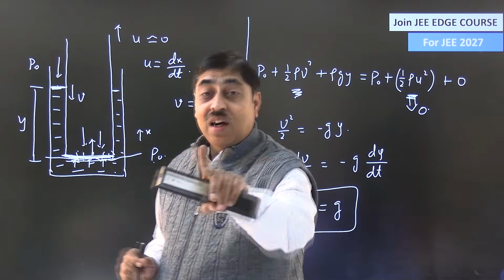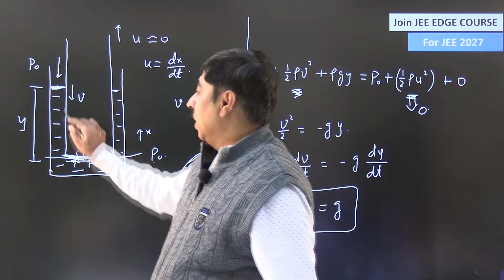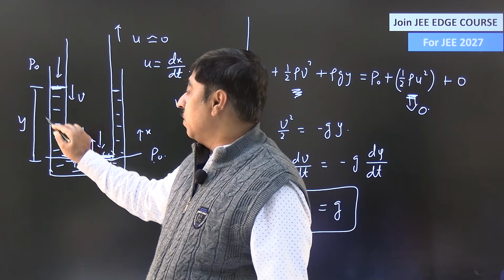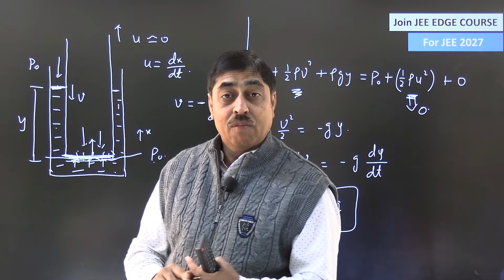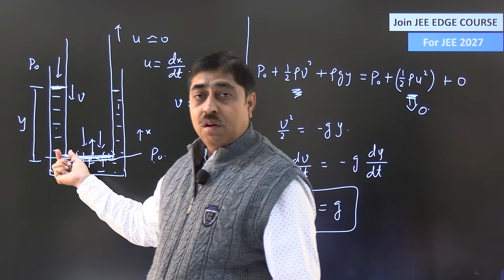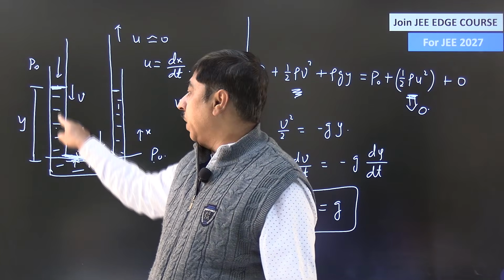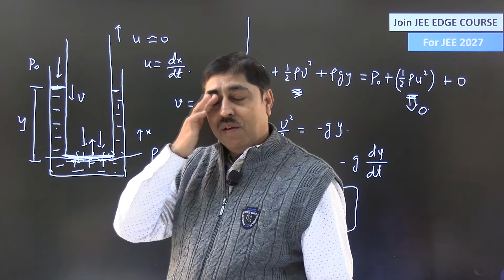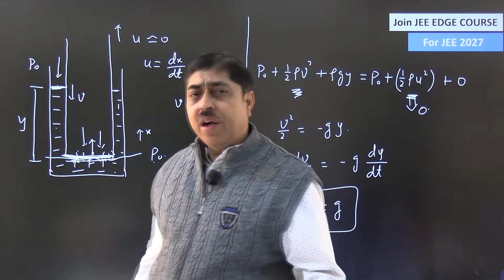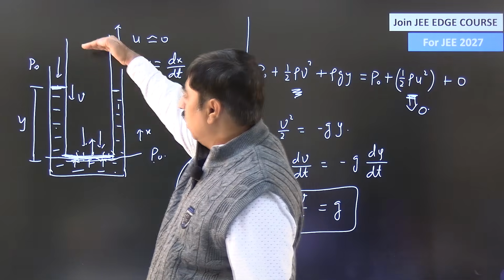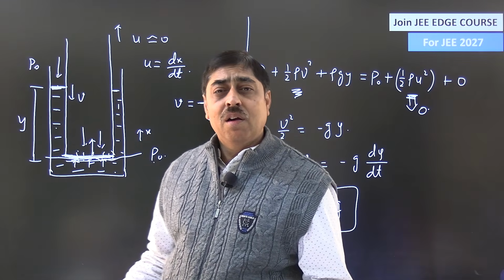Yes, I forgot to tell you one more thing. If speed here is v, here also it is v, here also it is v, and here also it is v. There is a narrow channel. The equation of continuity says speed has to be the same everywhere. The most important thing that we have discovered just now, water is just falling freely. Weight of this cylinder is negligible.